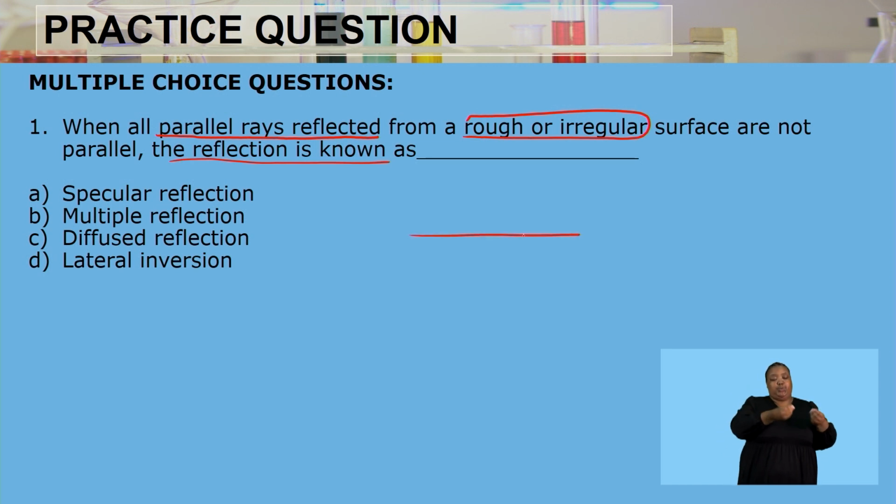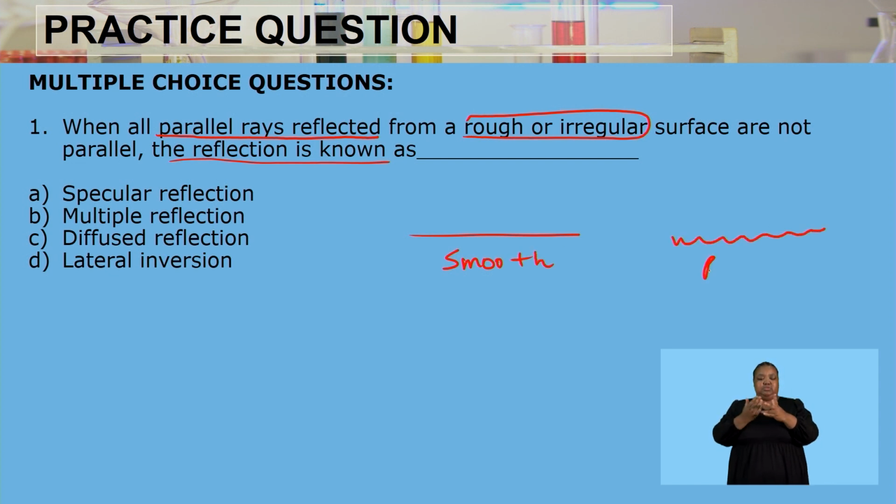We can have a smooth surface, and we can also have a rough surface, also referred to as an irregular surface.